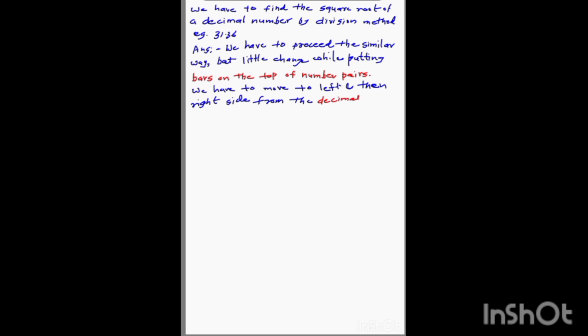So finishing that statement and trying to solve the problem 31.36. Now with this vertical and horizontal bar, if you put the bars on top of these numbers, it should be 31 first and then 36.